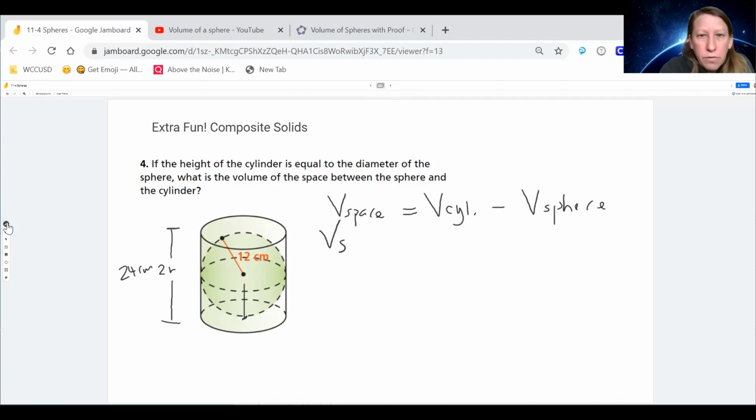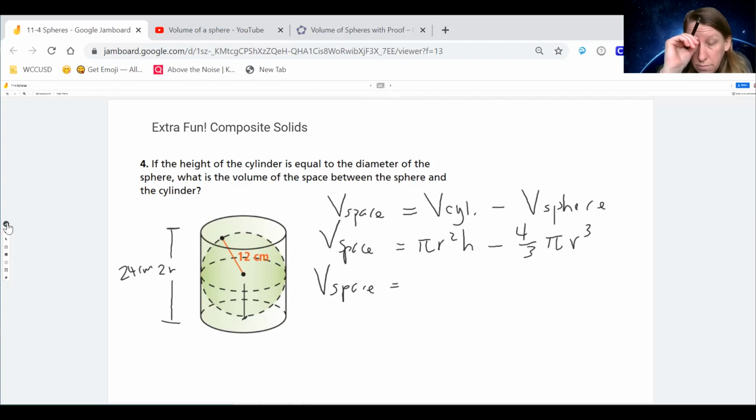So the volume of the space between is going to be the volume of the cylinder, which is pi r squared h, minus 4/3 pi r cubed. Volume of the space is going to be, this is 2 radii.